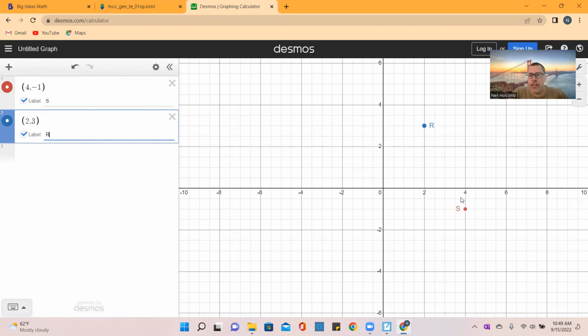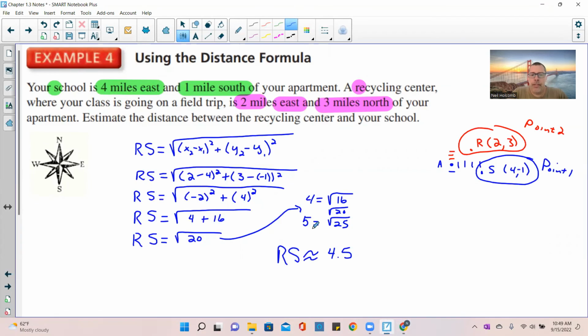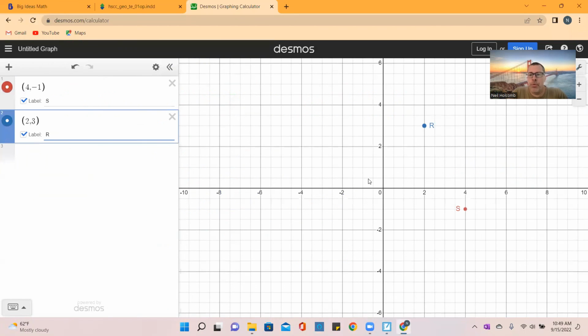So we want to find the distance between them. When I did this, I found the length to be 4.5. We could find the midpoint, but now we wanted to find the length. What this really means is these two lines are going to come together at the point 2, -1.